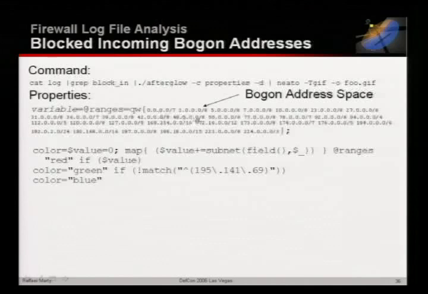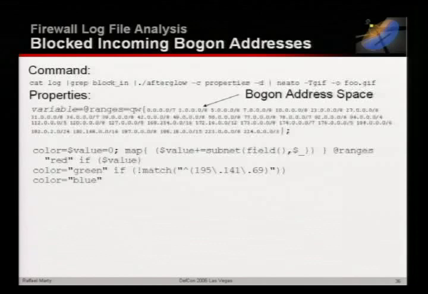It goes through all these entries and checks whether the field that I'm looking at right now is in this subnet. If yes, it just returns 1. And I'm basically counting in dollar value how many of those it was. It's always going to be 1, because my definition there is mutually exclusive of the individual entries. Anyways, what it does then is it says the node is going to be red if it actually found it, so if value is set.